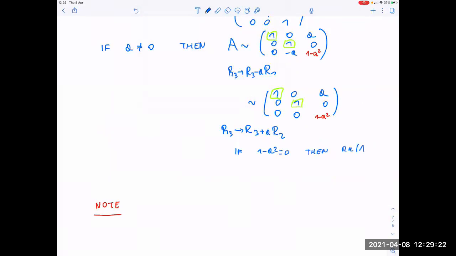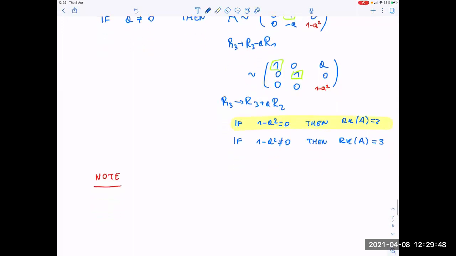If 1 minus A squared is different from 0, then the rank of A is equal to 3. So you see there is only one situation in which the rank is not 3, which is this one, A equal plus or minus 1. Thank you for letting me know this.